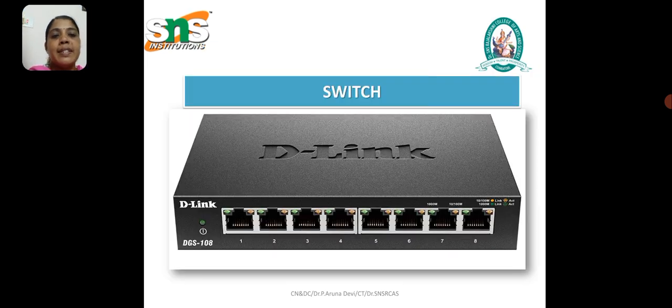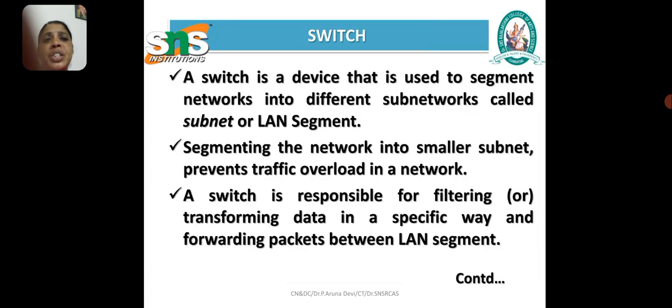Next, this is an example of another device, the switch. A switch is used to communicate between different hubs. A switch is a device that is used to segment a network into different subnetworks. So we can partition the network into different subnetworks by using this switch.